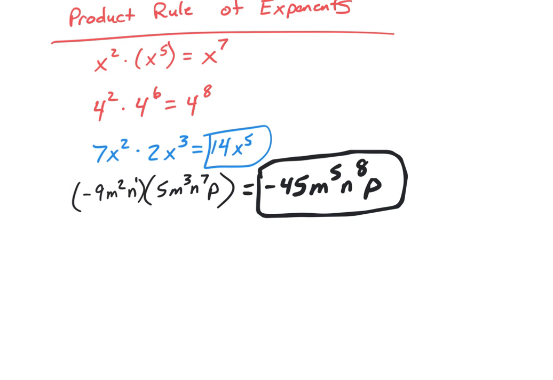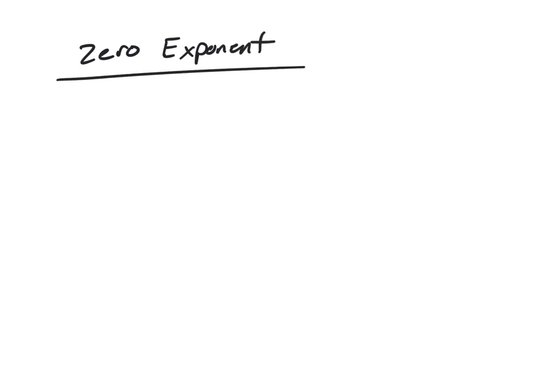Okay, the next rule is what we call the zero exponent rule. This one's pretty straightforward, right? Our exponent is going to be 0, just like it says.